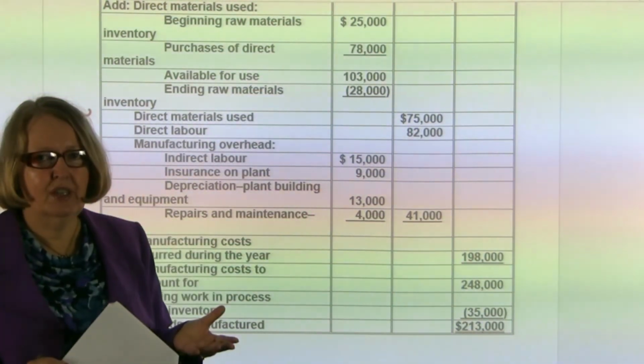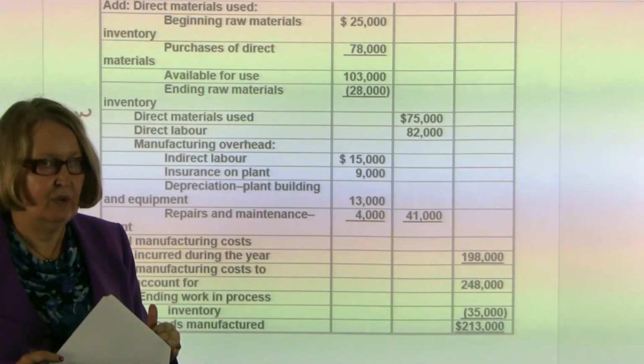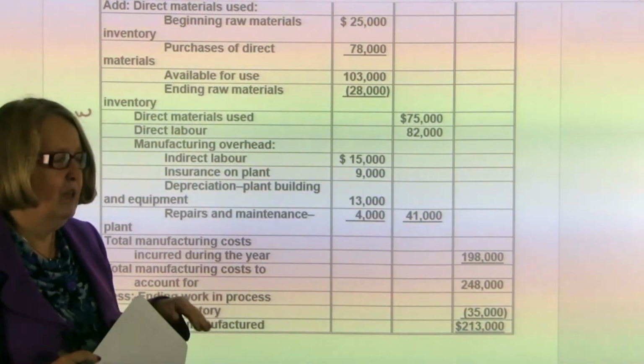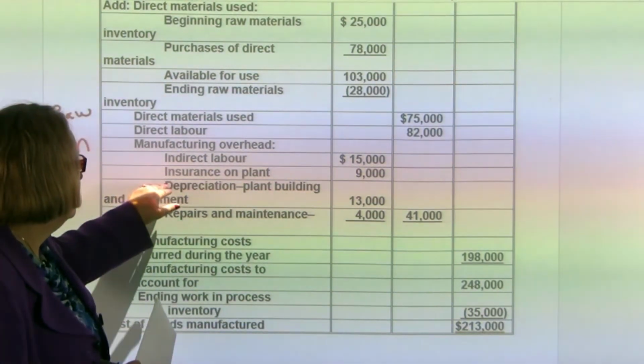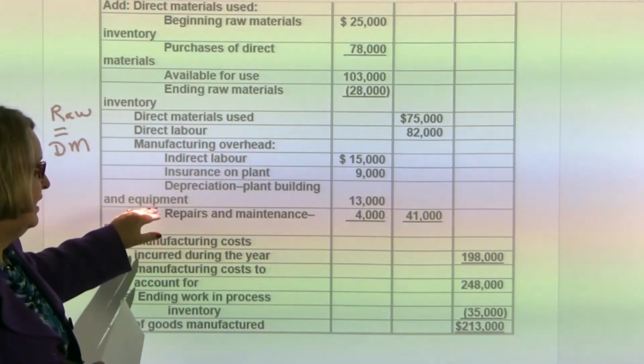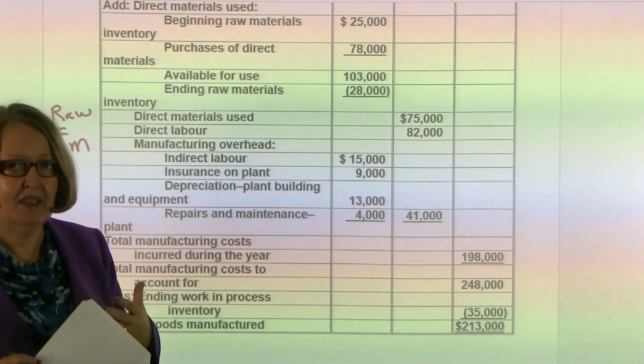If you were given insurance on the head office or the administration, you would not include that. So it's only expenses, overhead related to the actual manufacturing facility. So it's insurance on the plant and depreciation on the plant, building, and equipment. All that's part of overhead because you can't operate the building without it.